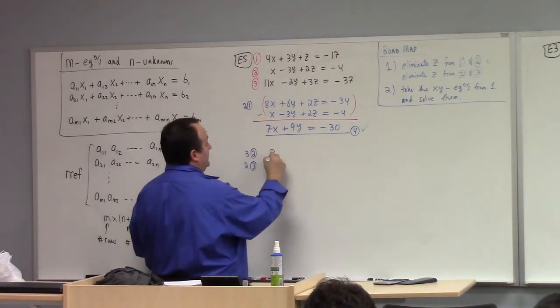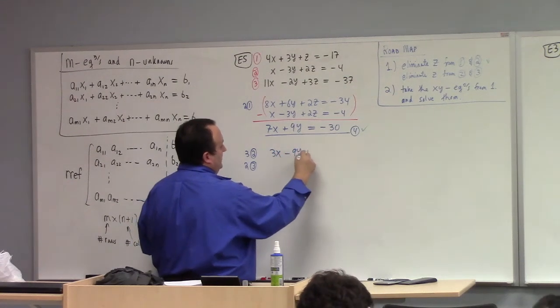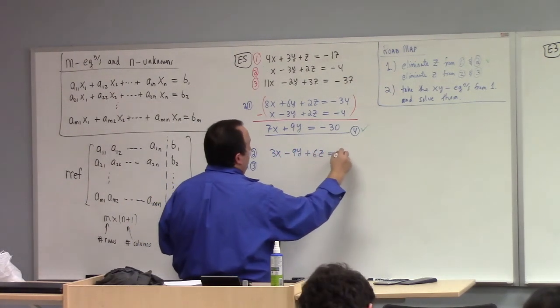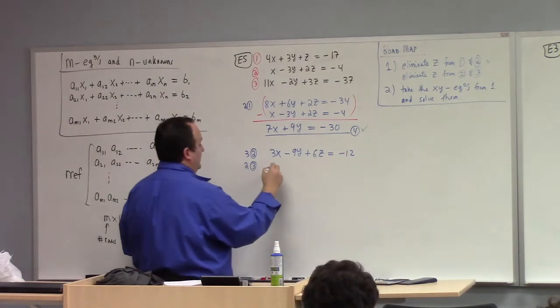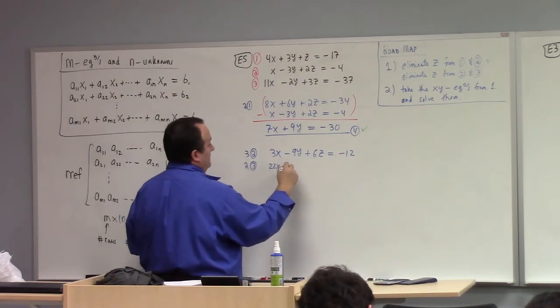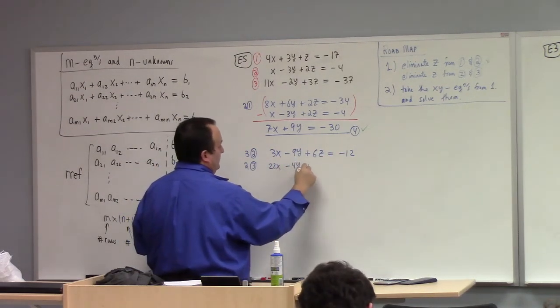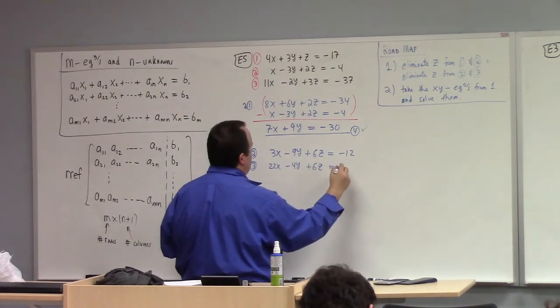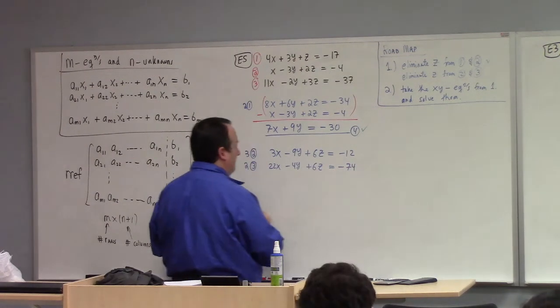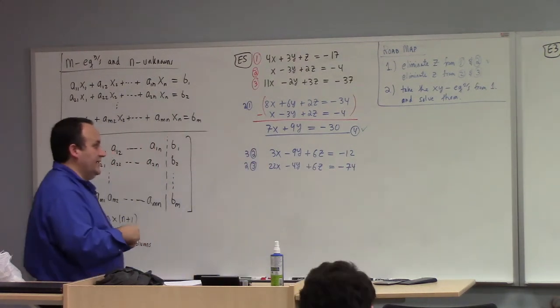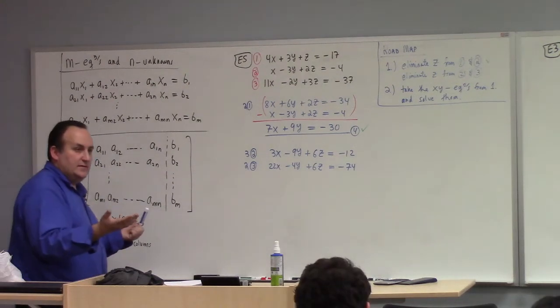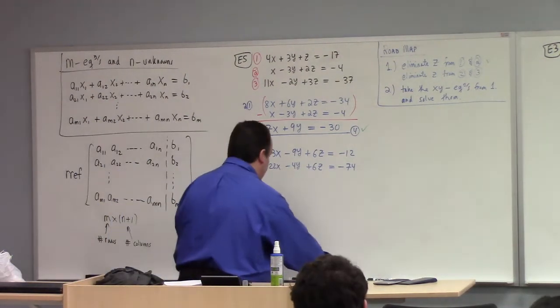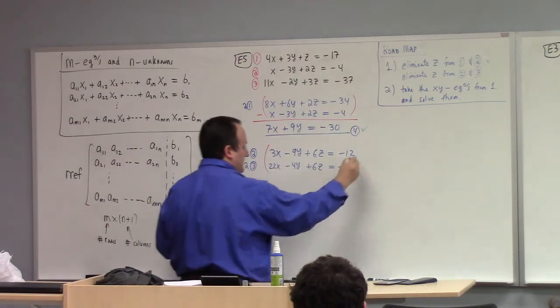So we get 3x minus 9y plus 6z equals minus 12. And we get 22x minus 4y plus 6z equals minus 74, yeah? Again, we're going to subtract them to eliminate the z term, right? So subtract these.